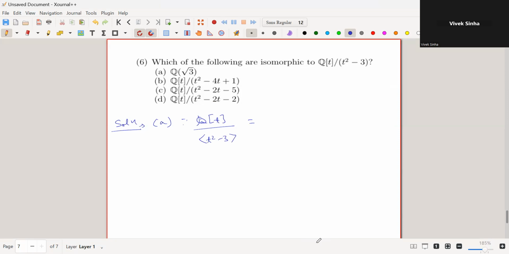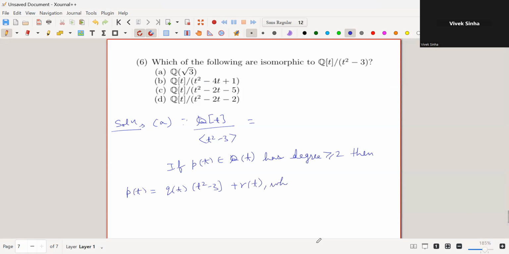So what I mean to say is that if p(t) belongs to Q[t] has degree greater than or equal to 2, then you can write p(t) is equal to some q(t) times (t square minus 3) plus r(t), where the degree of r(t) is equal to 0 or 1, right?